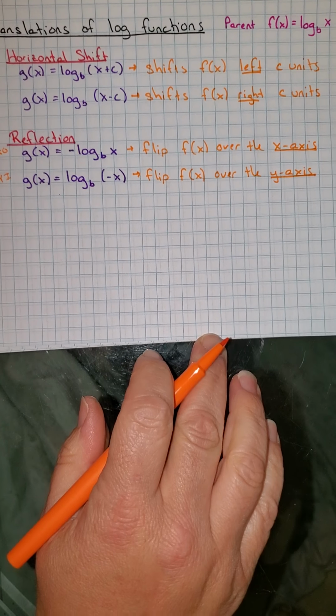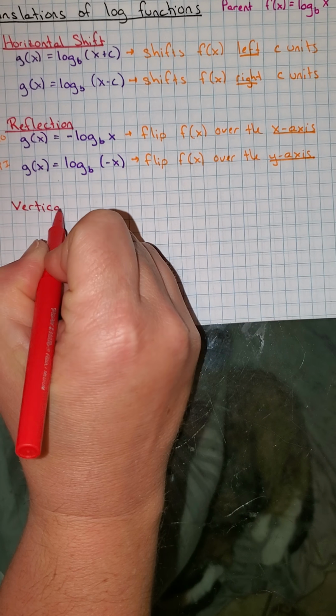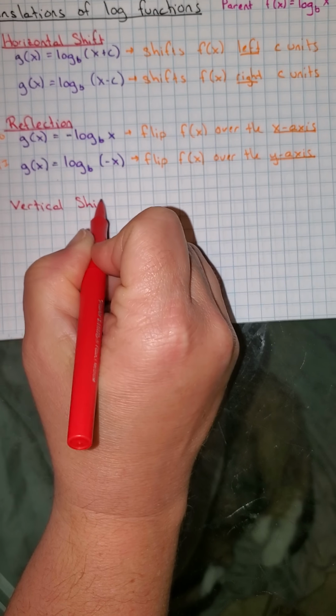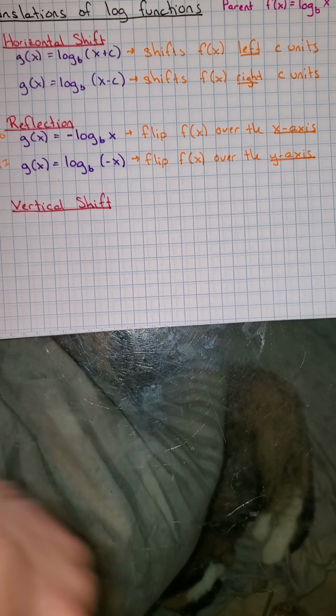All right, and then the last one is a vertical shift. Okay, this is a plus or a minus on the outside of the function.